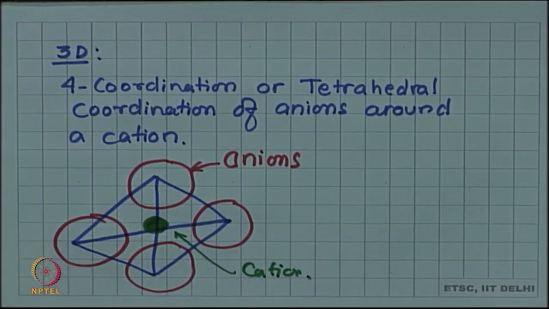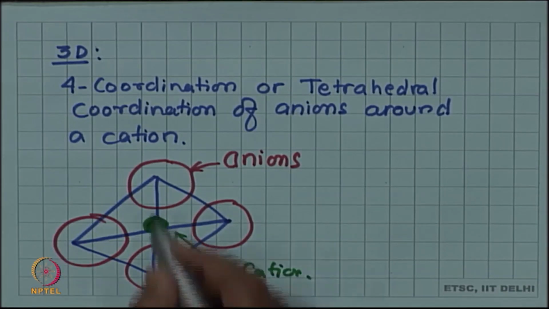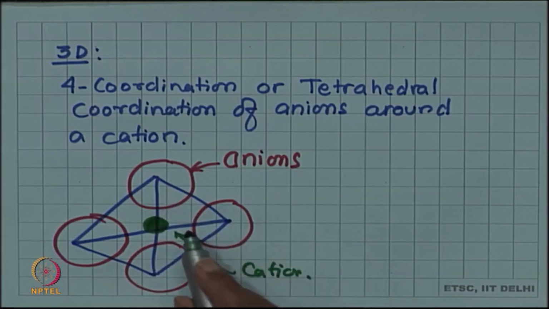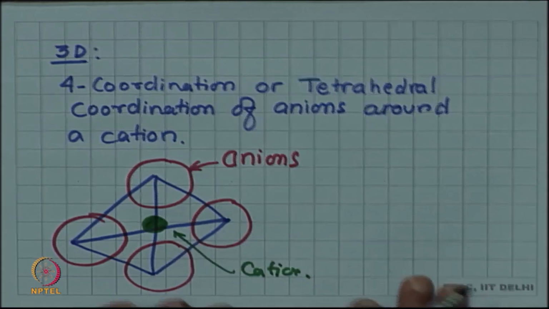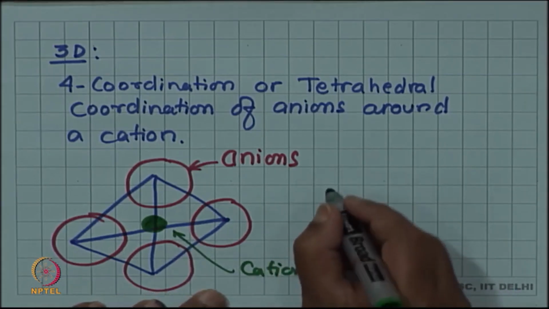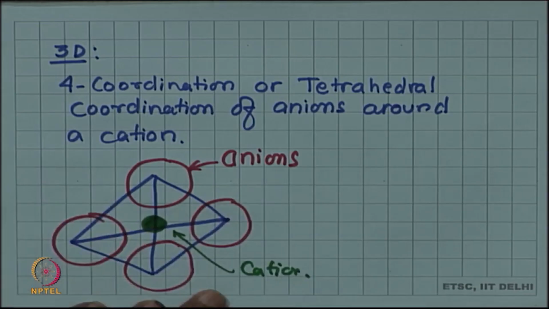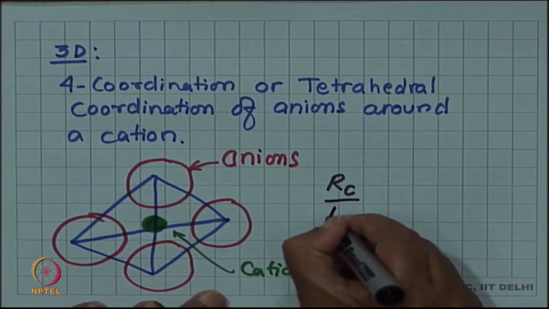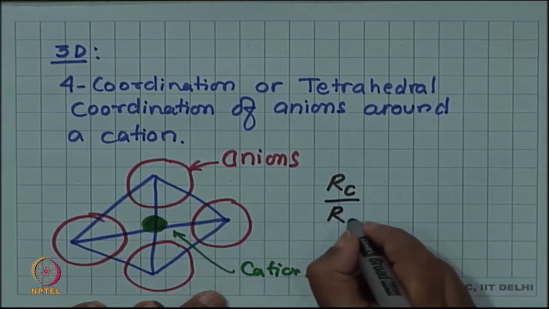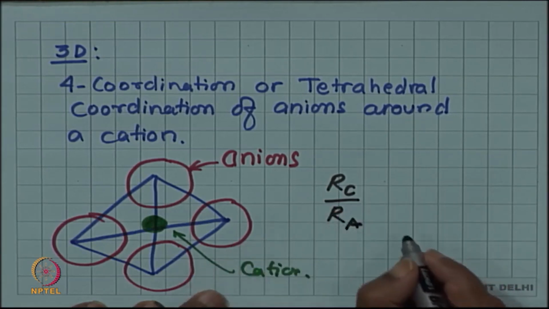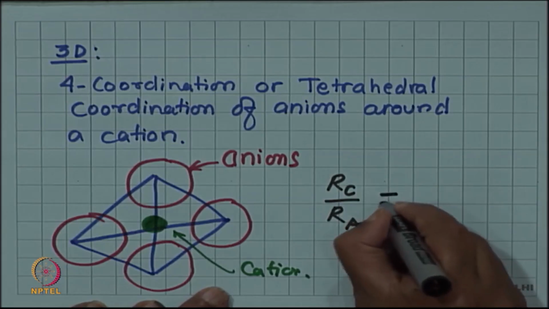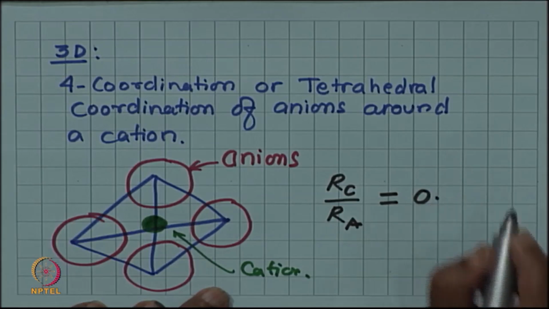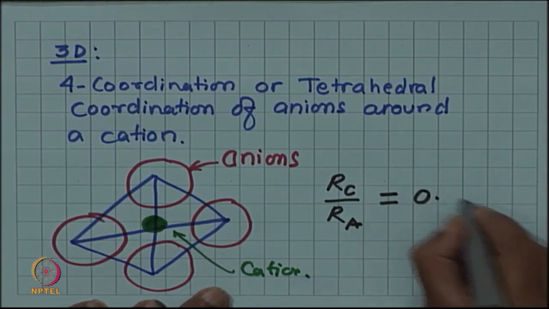And if the anions are touching, you have already found what is the largest cation which can sit in. That ratio, let me write it as the cation anion ratio, Rc by Ra, we remember it was 0.225.